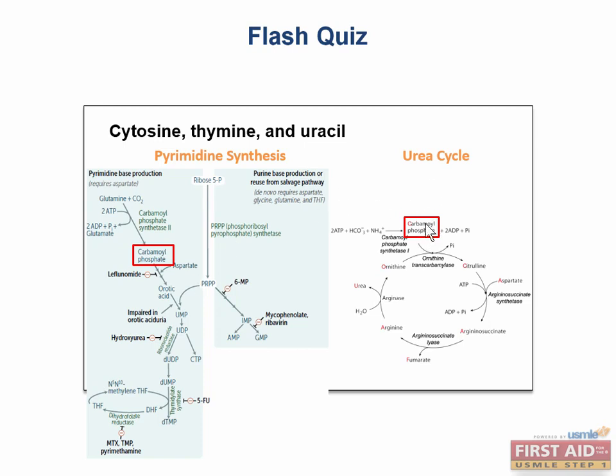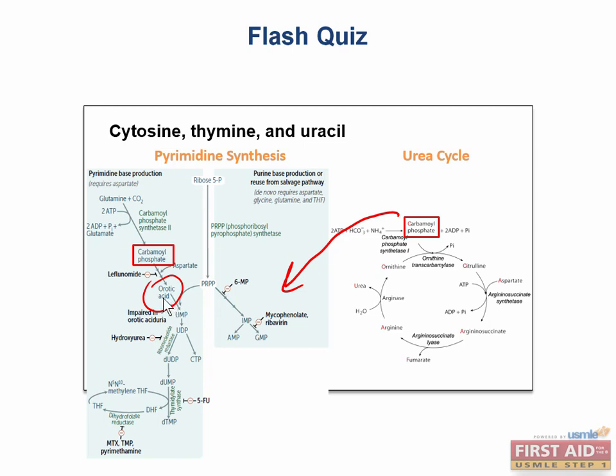So here we see our carbamoyl phosphate can enter the urea cycle. However, if our ornithine transcarbamylase enzyme is not there or it's defective, our carbamoyl phosphate will then enter the pyrimidine synthesis pathway. So if we have a urea cycle deficiency, such as an ornithine transcarbamylase deficiency, this carbamoyl phosphate will switch pathways, leading to an orotic acid buildup.